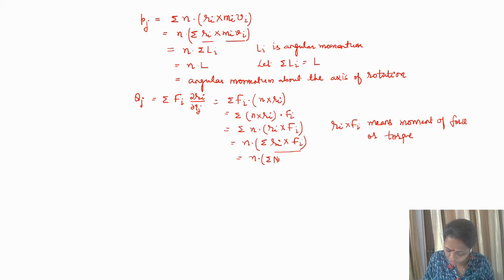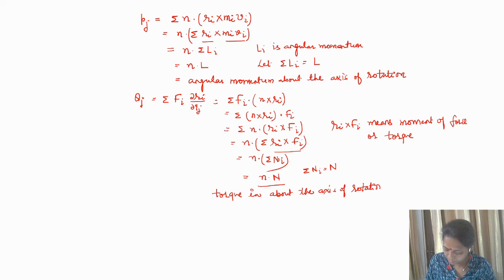Let it be summation of Ni, and for this purpose, I am writing it as N. Now what is n dot N? It becomes the torque about the axis of rotation. So it is representing force corresponding to rotation, and the other side is representing the angular momentum about the axis of rotation.